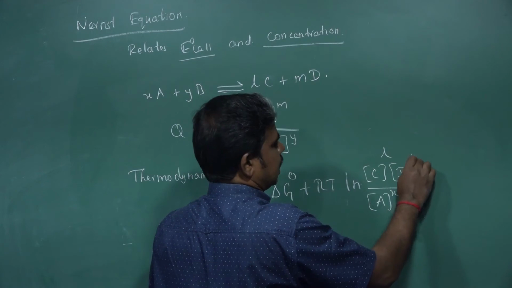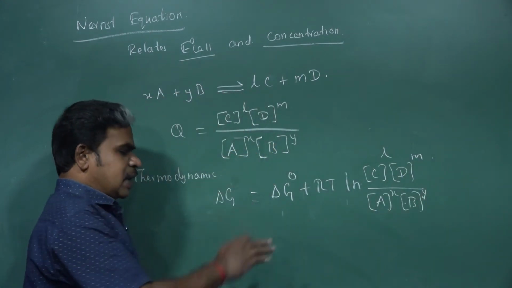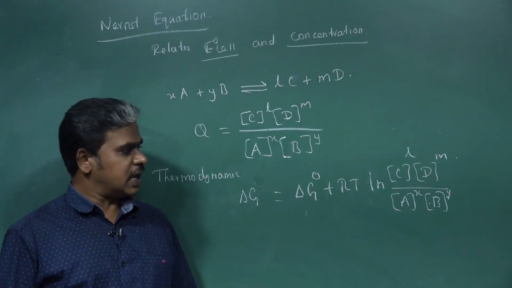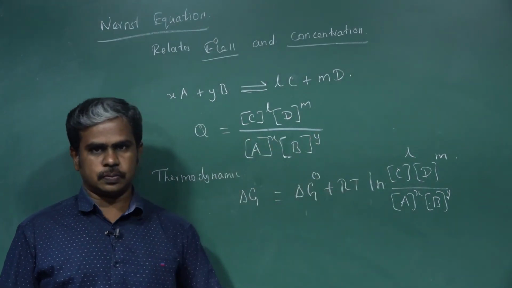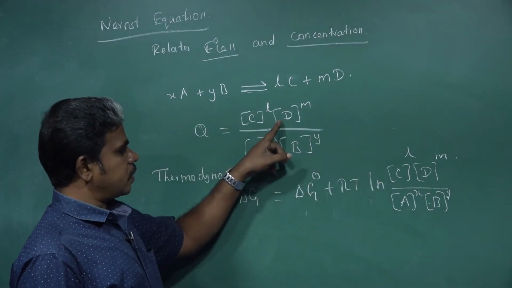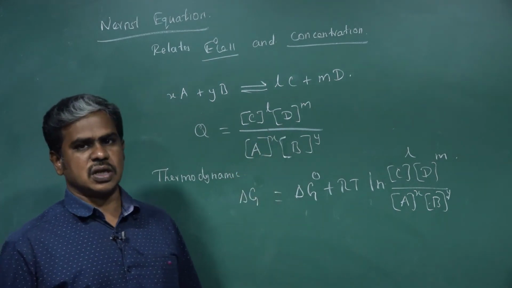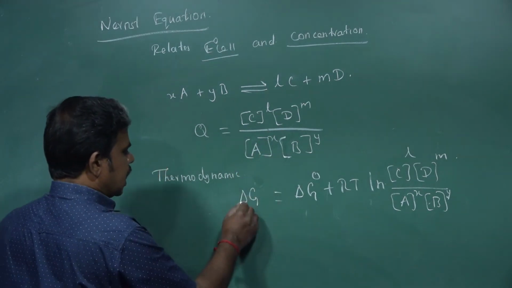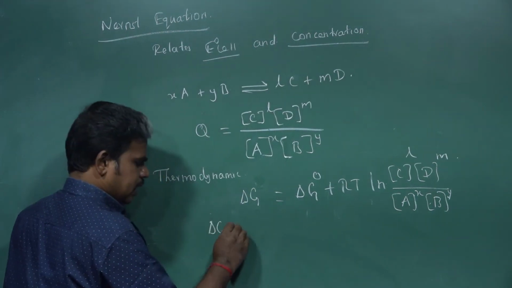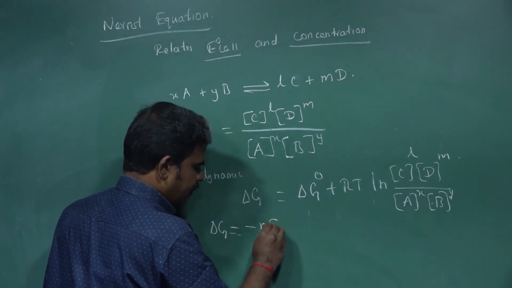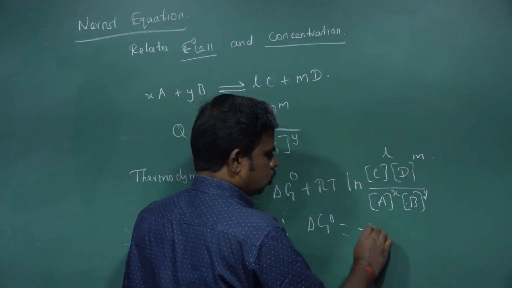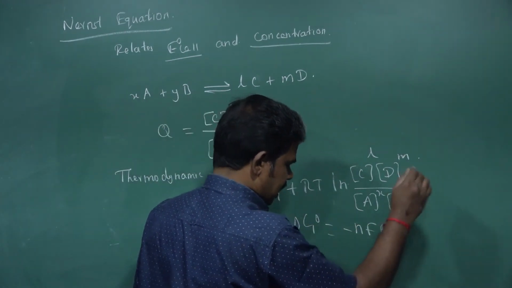Instead of K, we are substituting Q. So Q is nothing but the product of concentrations of the products to the product of concentrations of the reactants. Now here delta G is equal to minus nFE and delta G naught is equal to minus nFE naught.